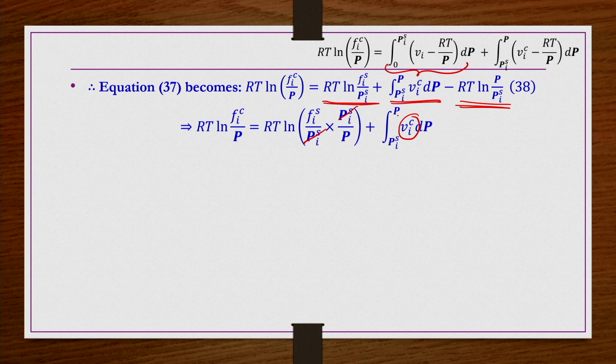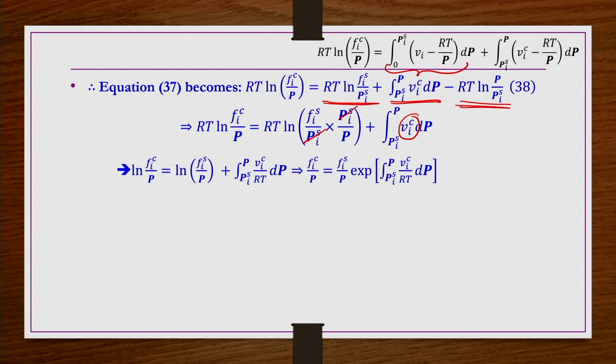We do not know, and unless we know it, we cannot solve this problem. Then if we take RT to the right hand side, ln(fi^C/P) is equal to ln(fi^S/P) plus integral of Vi^C/RT dP.